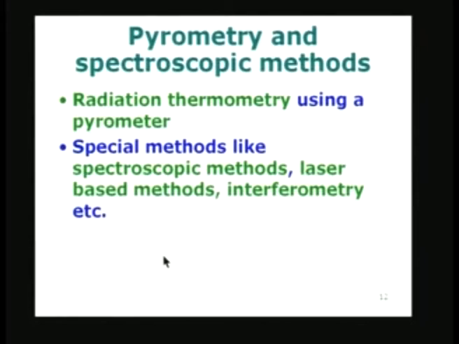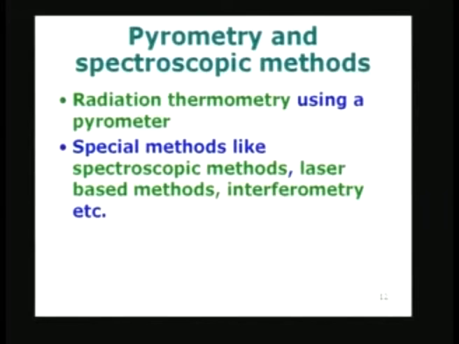If you recall the ITS 90, we said that above the silver point, temperature is measured using the black body radiation law, which is basically Planck's radiation function. A radiation thermometer uses what we call a pyrometer.